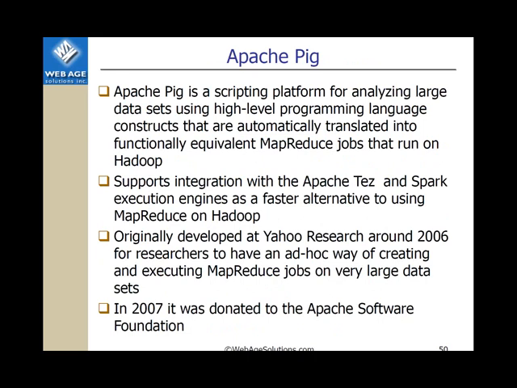People at Yahoo who developed Hadoop and MapReduce, Doug Cutting being one of those folks, realized that to be productive, they needed to give business analysts something which would shield them from the complexities of MapReduce.